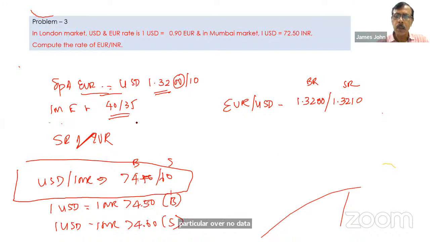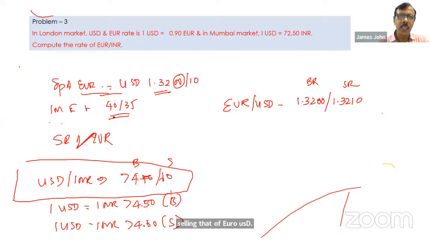For euro USD, 1 euro is equal to how many USD? Here you want the selling rate of euro in terms of USD. That's all. Why so much confusion?